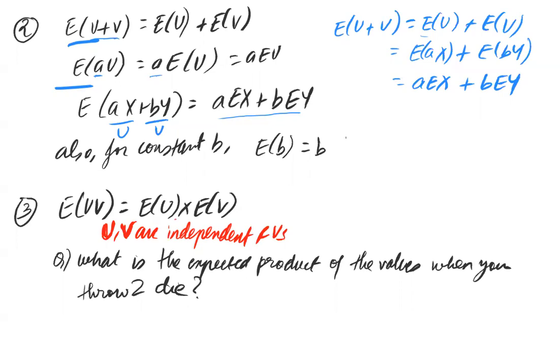Okay, so the same thing. What is the expected product of the values where you throw two dice? The product of two dice would be EUV, where U is the output in the first die and V is the output in the second die, and hence the product would be EU times EV. So that is 3.5 times 3.5, that is 3.5 squared, 12.25. Okay.